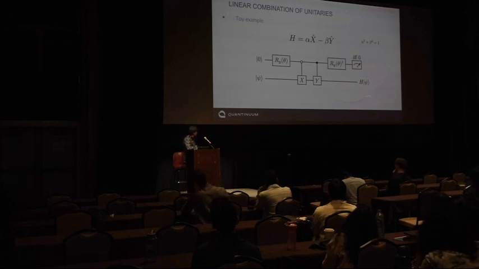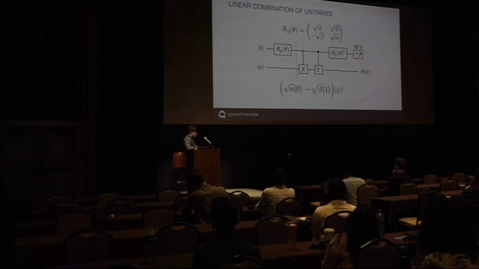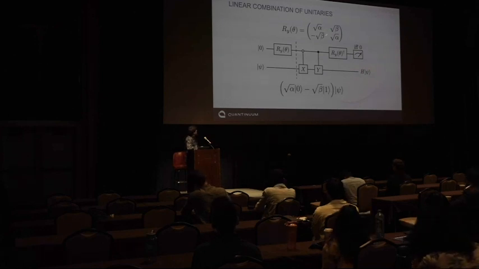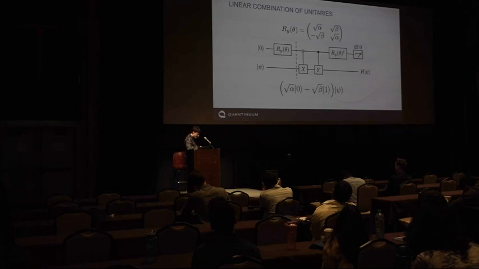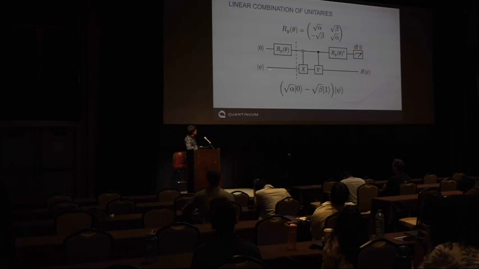Now I'm going to explain this in detail. So what's this circuit doing? Now we've got an RY here, and if we're using an RY, we can implement this. If we think about linear combination of unitaries algorithms, they have what's known as a prepare register, which is this 0 here, and you have a state register.